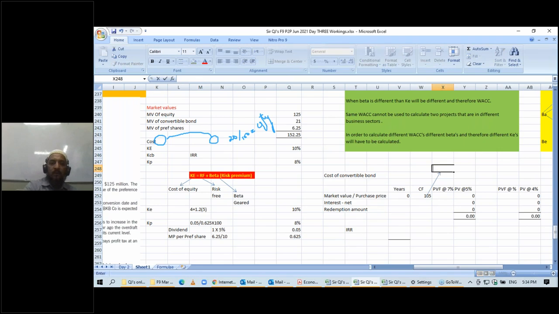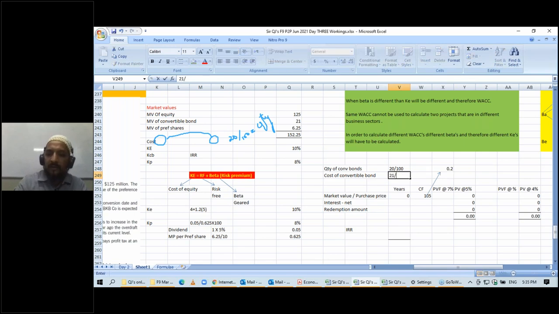Okay, let me do it in 2 steps. First, calculate the quantity of convertible bonds. So this is 20 divided by 100. So 0.2 million convertible bonds are there.